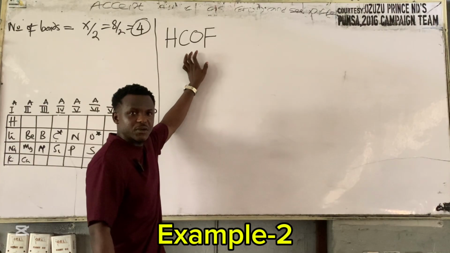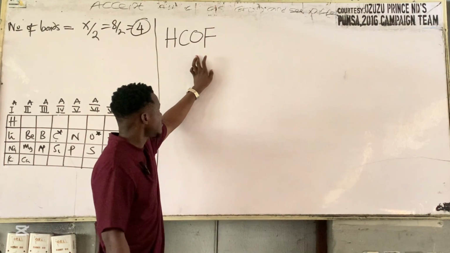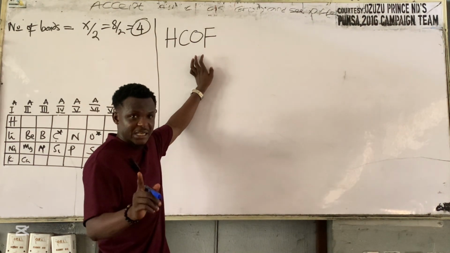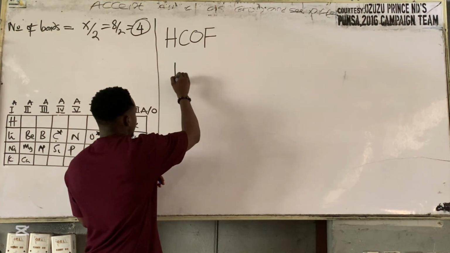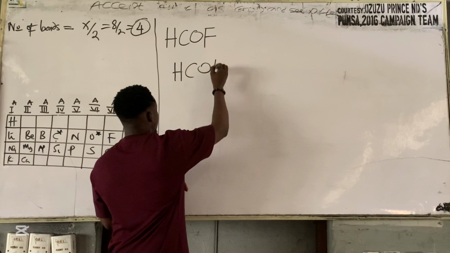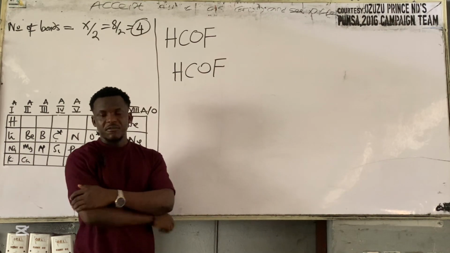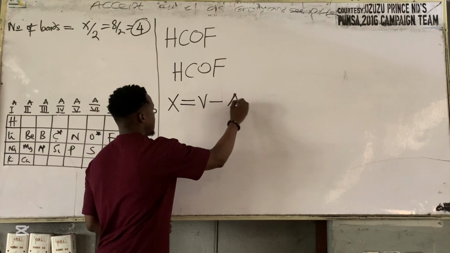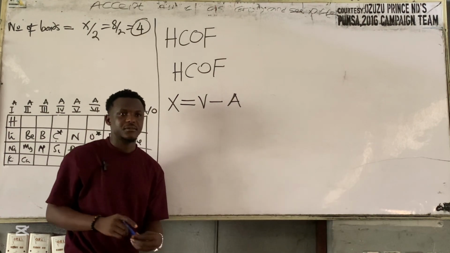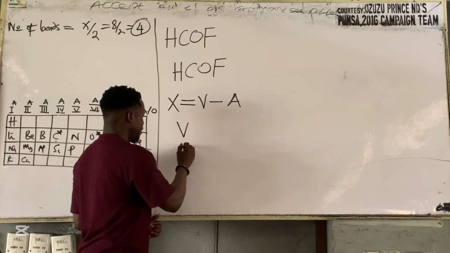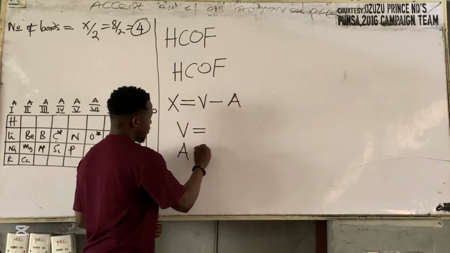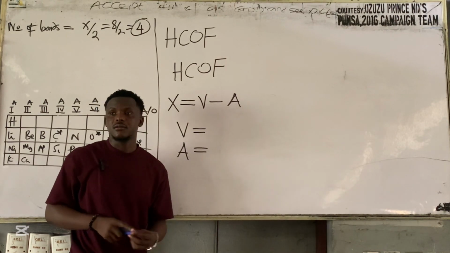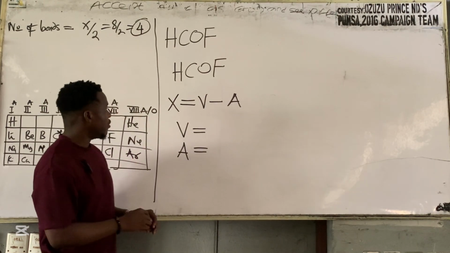Now, if you're asked to solve something like this, if you're asked to solve this particular example, we have H, C, O, F. First thing first, you have to solve for your x equals to V minus A. Now, what is your V and what is your A? Now, please look up.